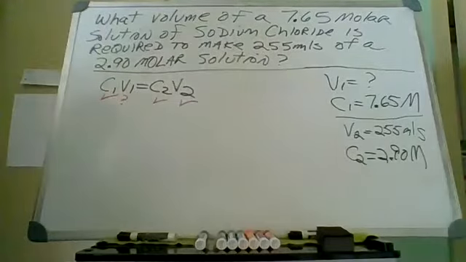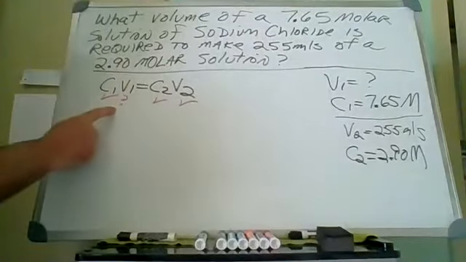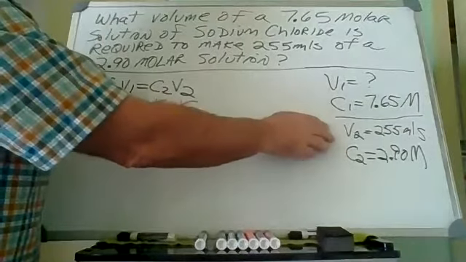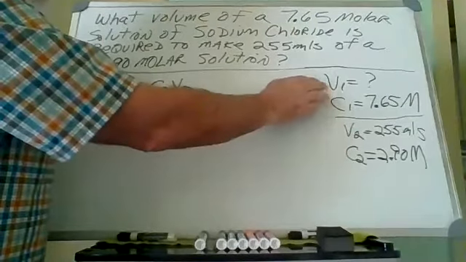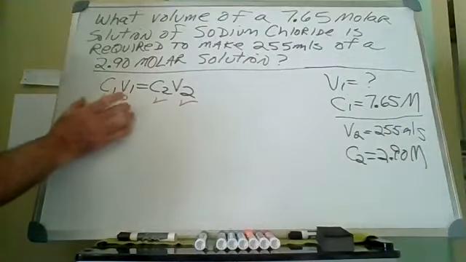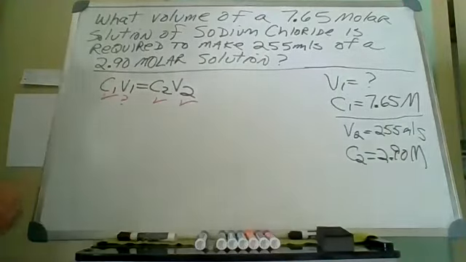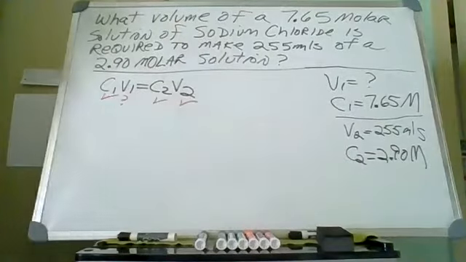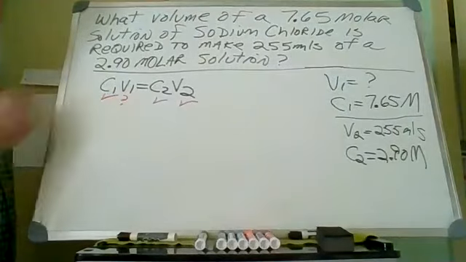Okay. Now, I always like to have my unknown on the left-hand side, as you well know. So whichever set of conditions has the unknown, in this problem, it's the first set of conditions. So I'm going to put the first set of conditions on the left-hand side. Okay, so I ask the question, is V1 in the numerator? And yes, it is. Is V1 by itself? No, it's not.